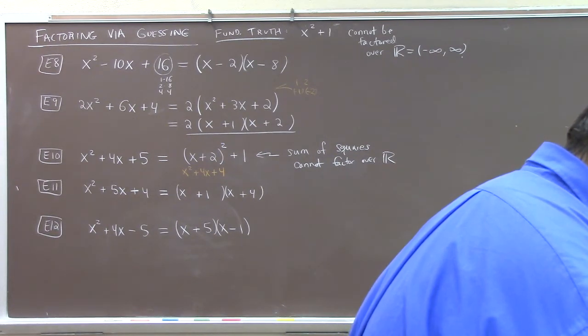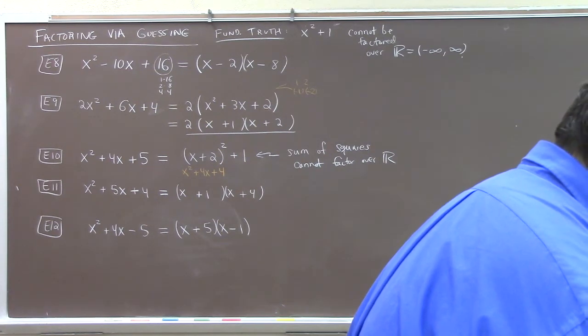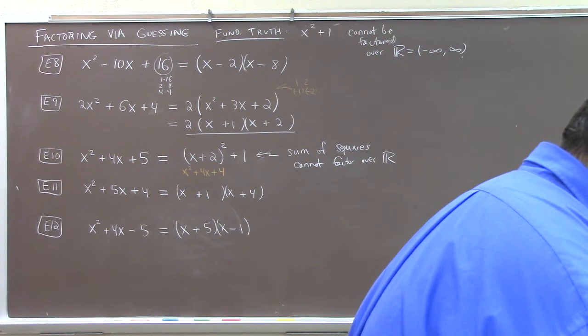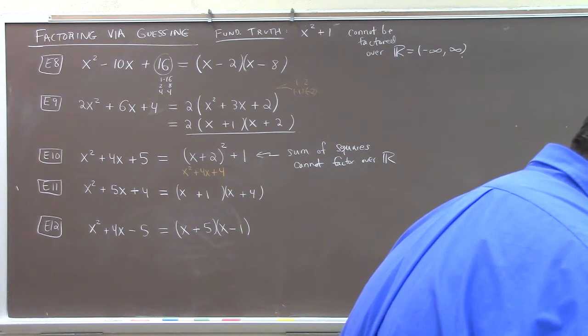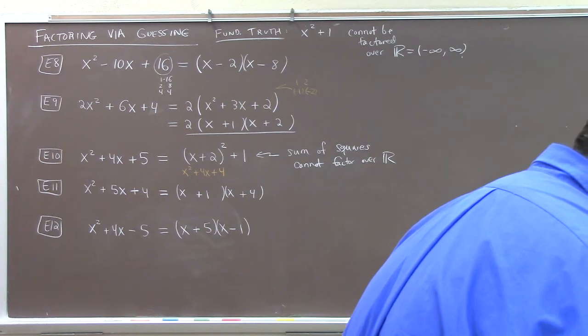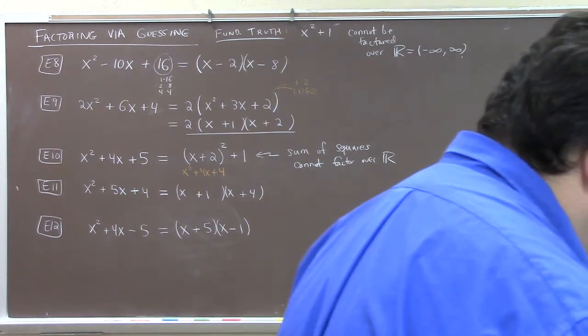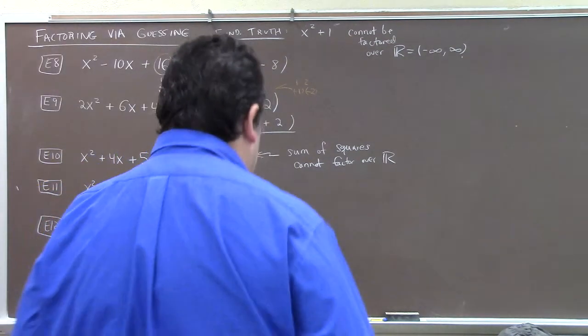Oh yeah, 6 is silly. They just factor out a -2. Sometimes they just factor a number out in these examples. Okay, they do have some factoring by grouping in here.